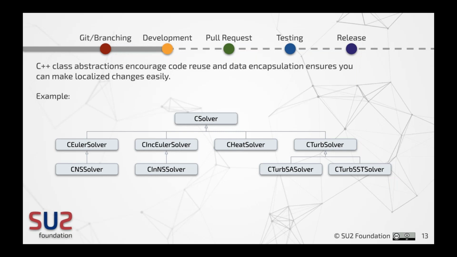But they all have a lot of functions in common, and in order to avoid duplication of the code, we put all these functions in the CSolver class, and then the child classes just implement what is different, essentially. So you should get familiar with that because we leverage that really a lot.